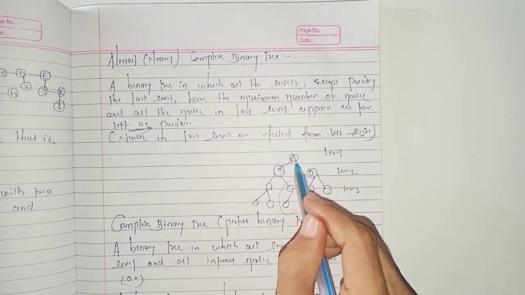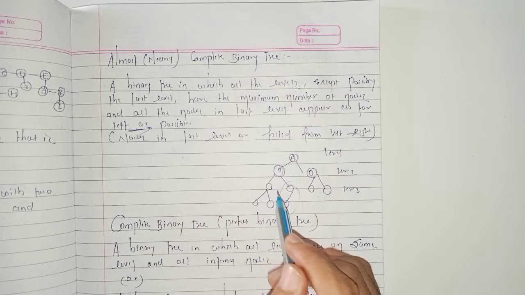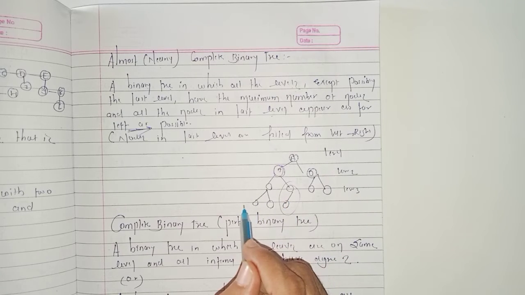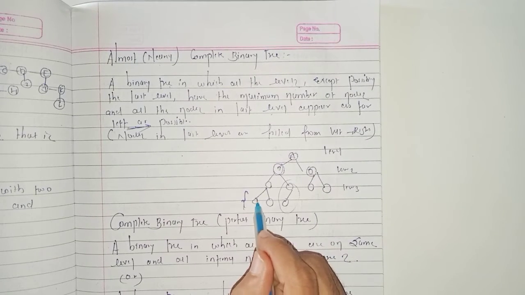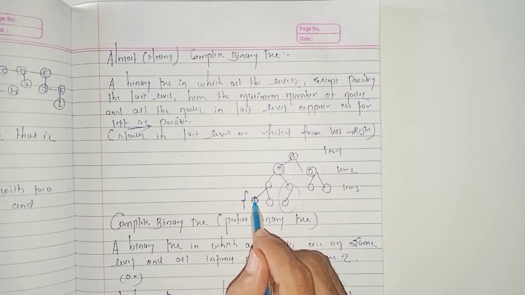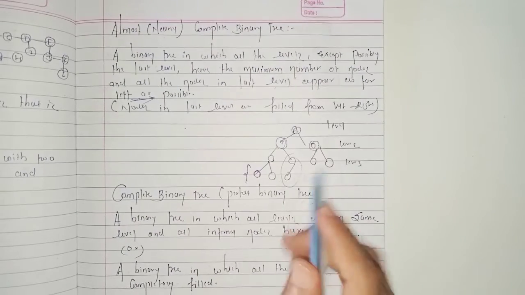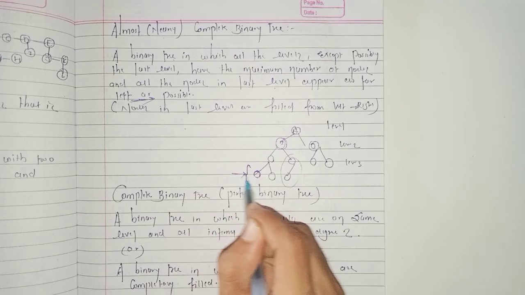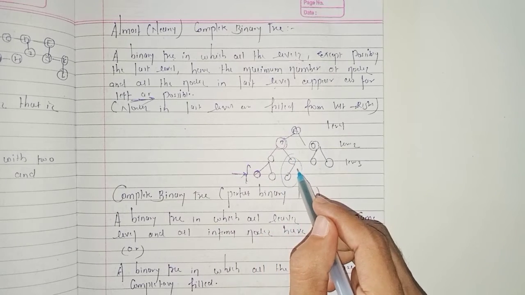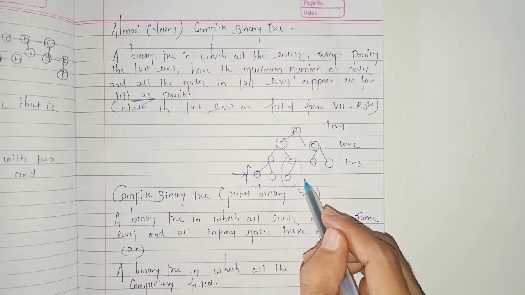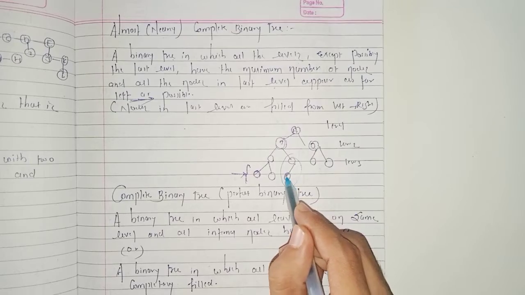It means that all levels need to have the maximum number of nodes, but there is an exception for the last level. The last level may or may not contain the maximum number of nodes, but it needs to be filled from left to right. Right here you can see that the last level is not filled completely, but it is filled from left to right.